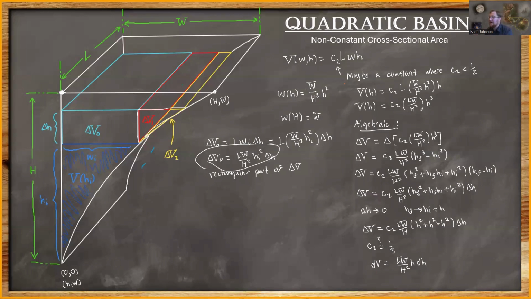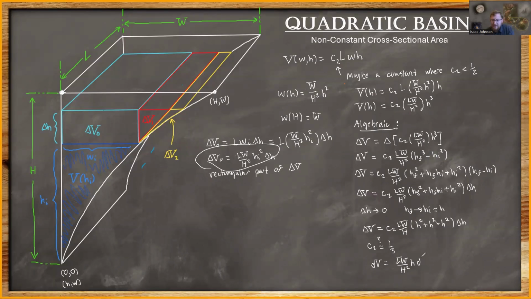This approximation may no longer be good. So I think first we should show ourselves that the error terms scale down much more rapidly than the rectangular component or contribution.